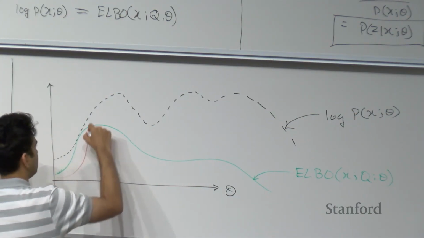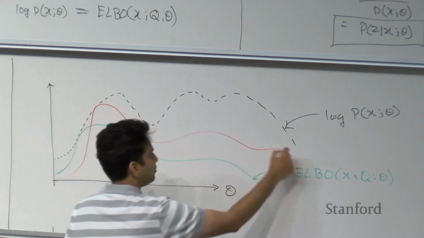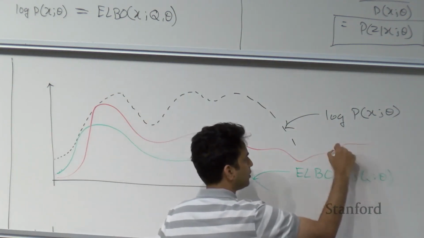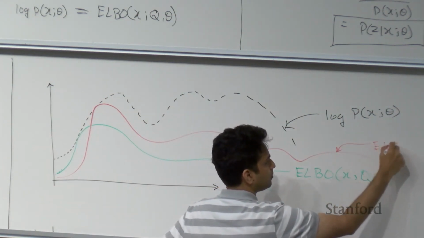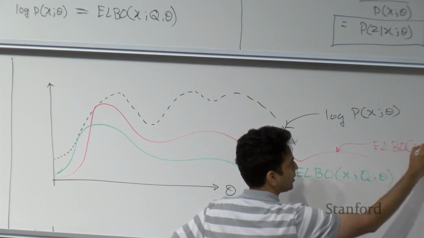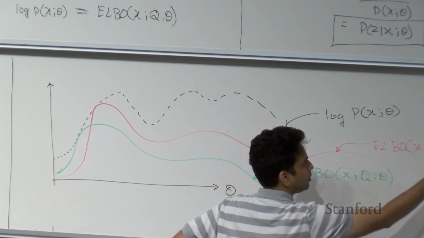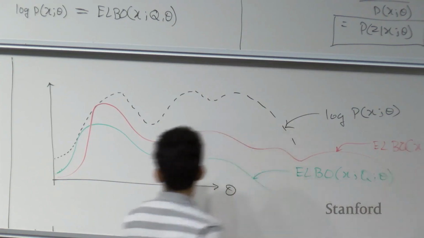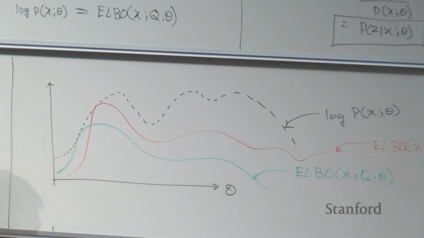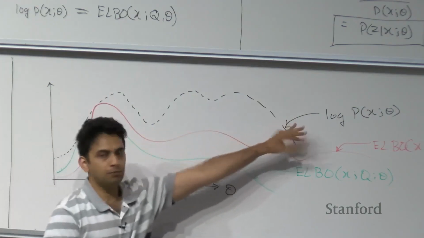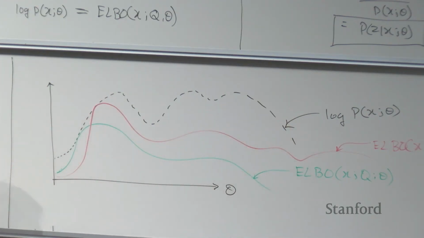For example, this is another ELBO of x, q, theta, right? So for different choices of q, we get different lower bounds of p of x, right?